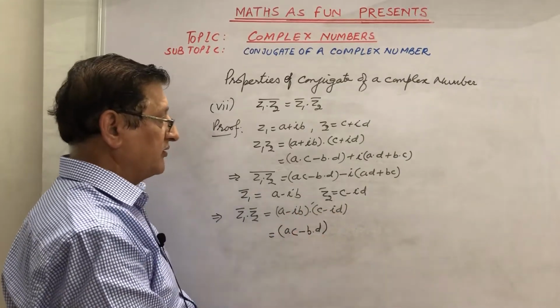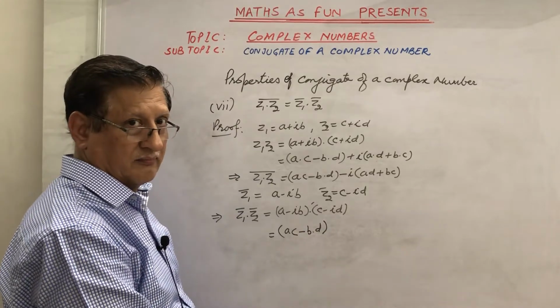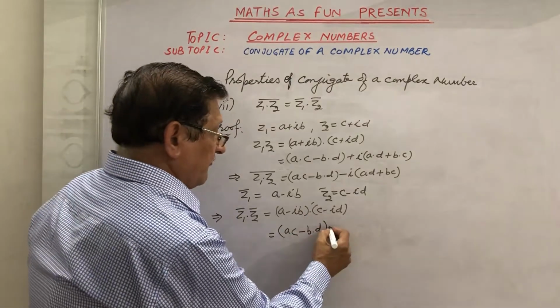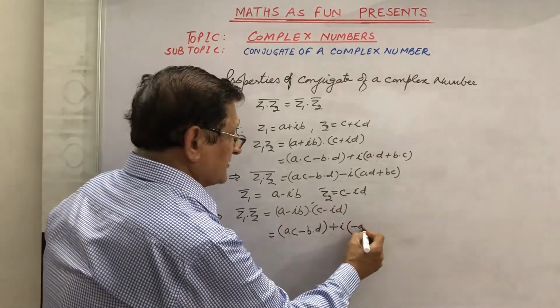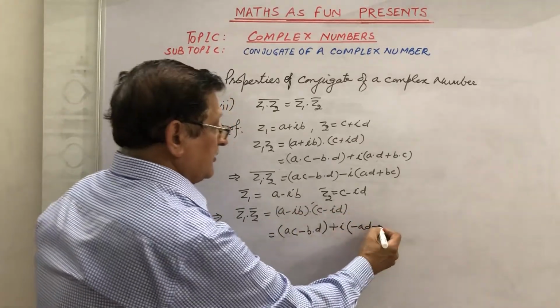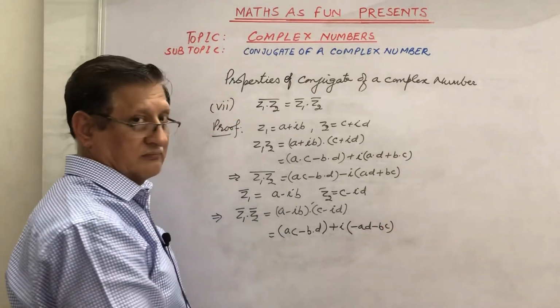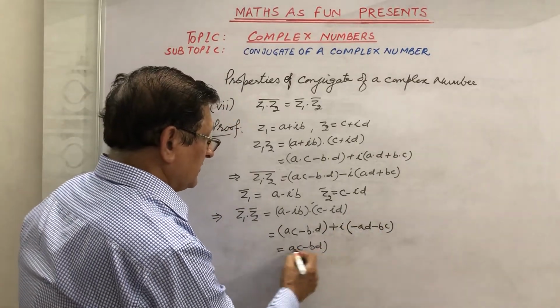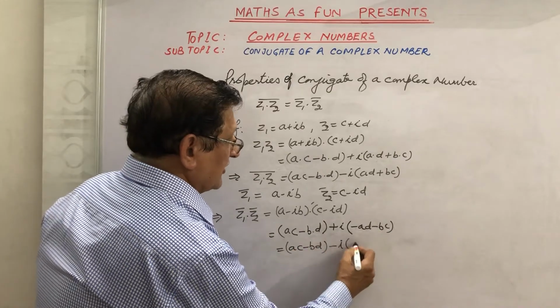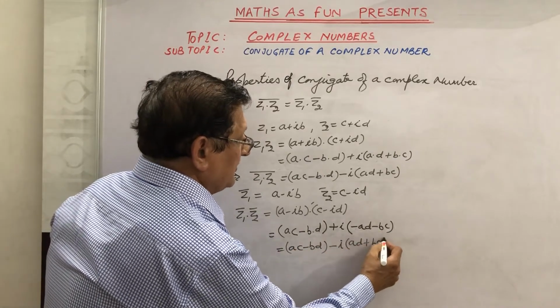So this will be the real part of it. And then we get plus i into (minus ad minus bc). If we take this minus common, this is ac minus bd minus i(ad plus bc).